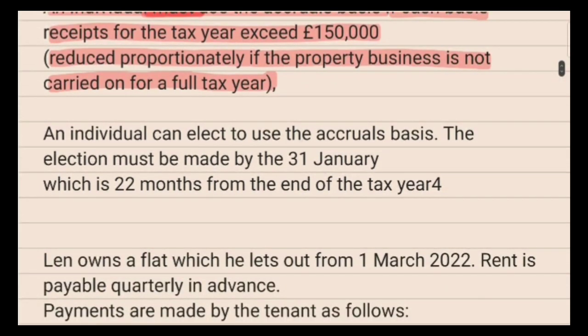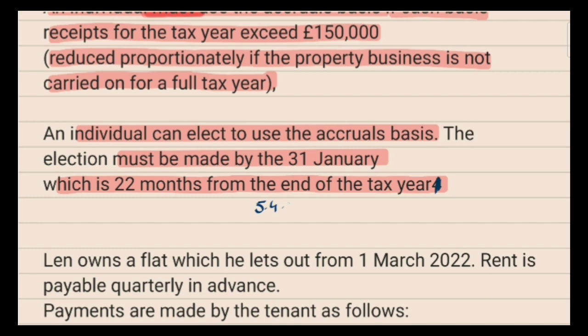An individual can elect to use the accrual basis. इसके अलावा इंडिविजुअल खुद से इलेक्ट भी कर सकता है कि उसने एक्रूअल बेसिस यूज़ करनी है. But this election must be made by the 31st January, which is 22 months from the end of the tax year. सो टैक्स ईयर के एंड होने के बाद आपके पास within 22 months आप ये इलेक्शन कर सकते हैं. यानी अगर आपका टैक्स ईयर एंड हो रहा है 5 अप्रैल 23 को, तो इसके बाद आप 31 जनवरी 2025 तक ये इलेक्शन कर सकते हैं.